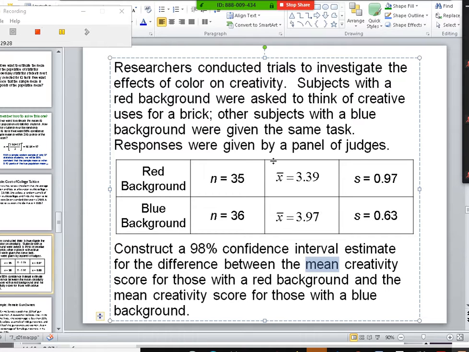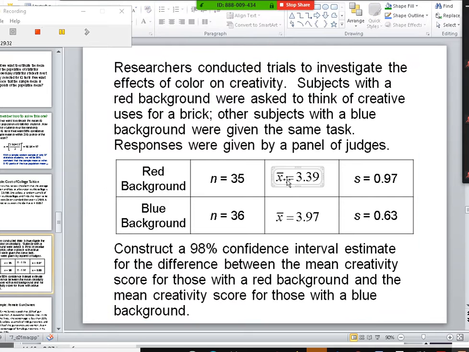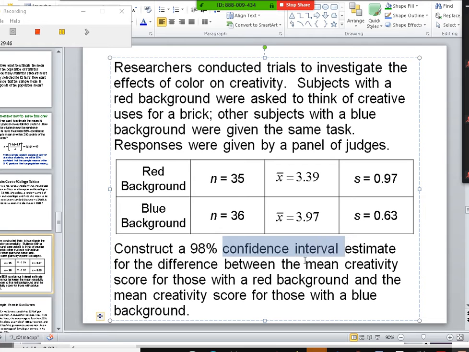It's a mean. Also, see this little X bar right here, too? X bar is not X, but X bar. That's a mean. So this is a mean, which means t-distribution. And it's going to be a confidence interval. I think you guys picked up on that one. And it says estimate also, it says both. So yeah, confidence interval, totally confidence interval.